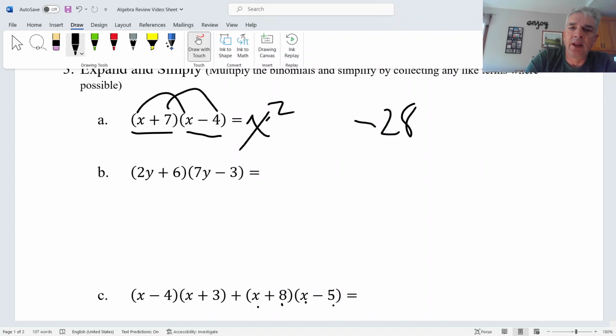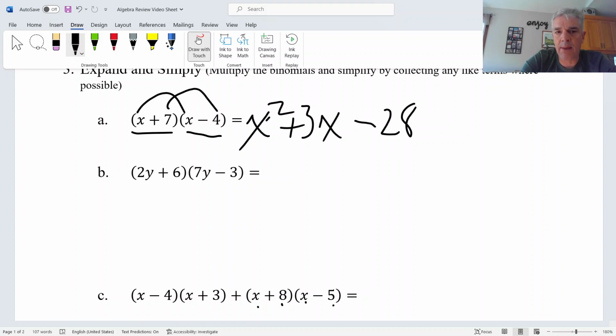Okay, and then the middle term is always going to be an x term, and it's going to be these two numbers now added together. In this case, it's plus 7 minus 4, which will be plus 3x. Sorry about the plus sign there. Let me fix that. Okay.